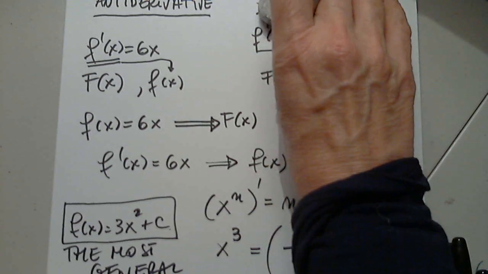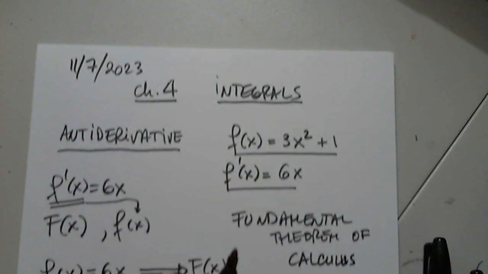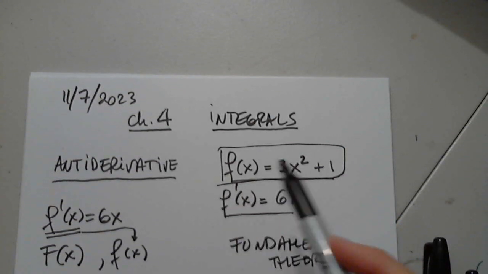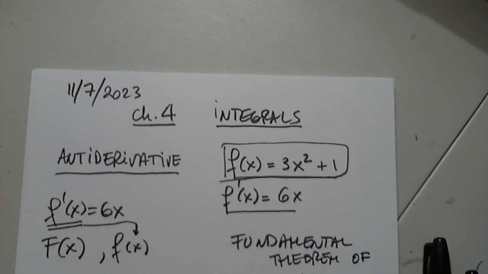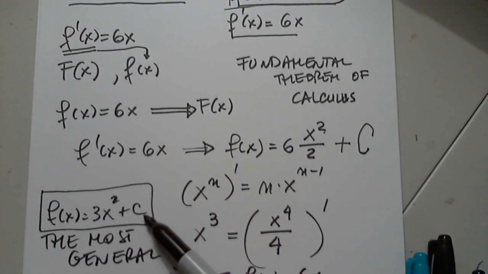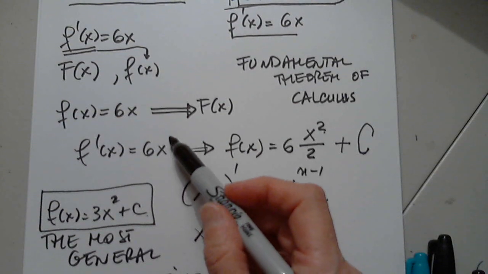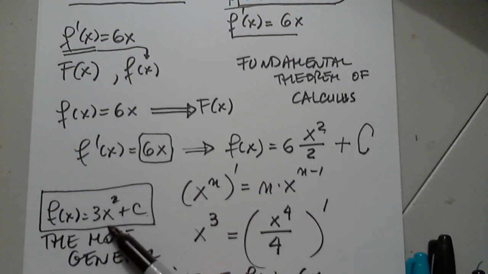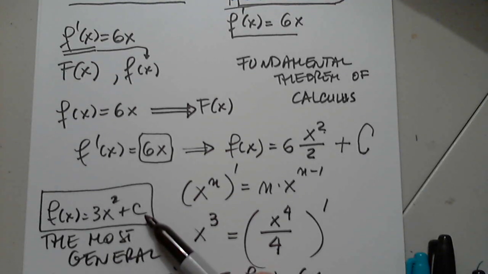But then you can say, wait a minute, you talked about this function. You didn't get that. Oh, I got that and a million others, infinitely many. So this function is the derivative of infinitely many functions, because c can be anything.